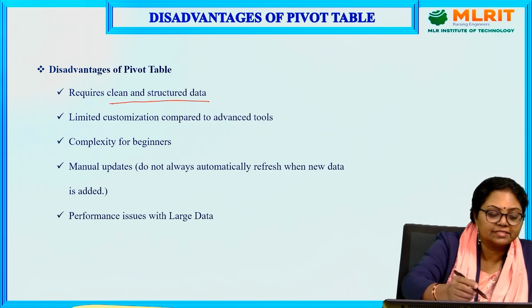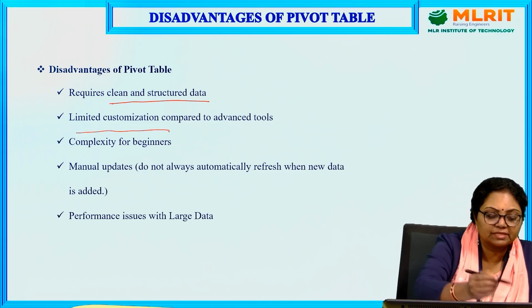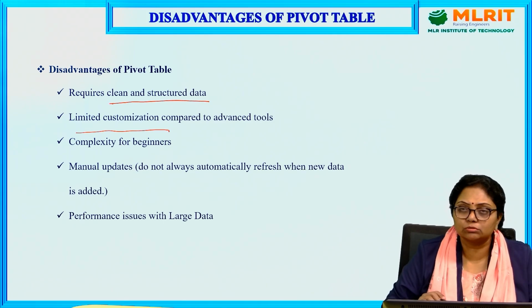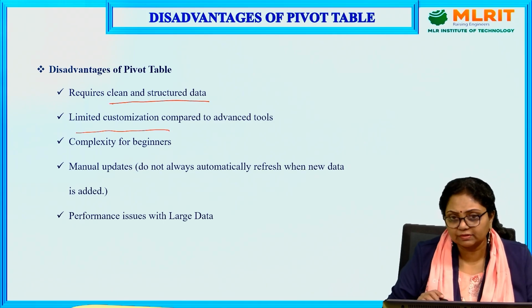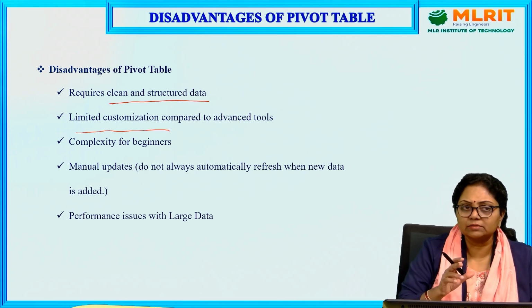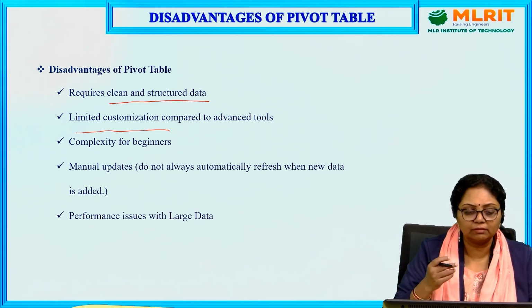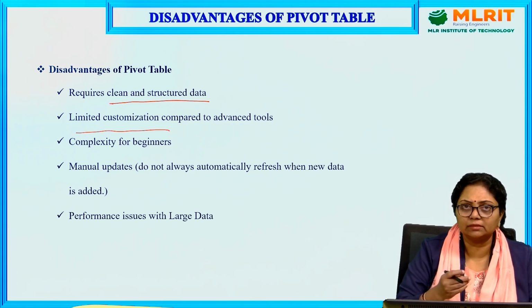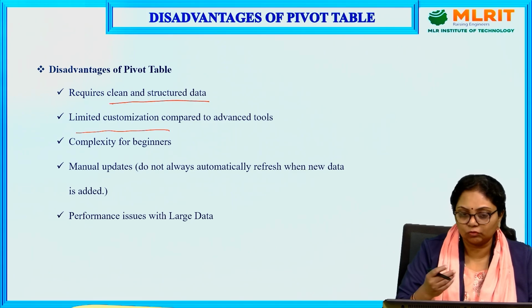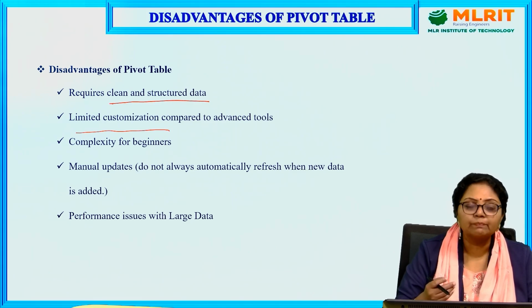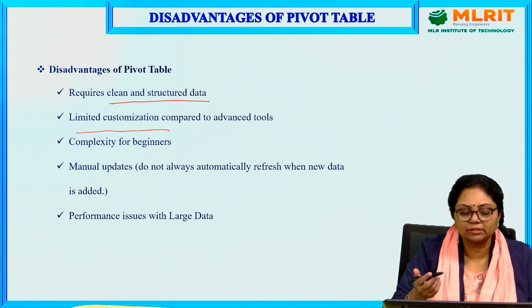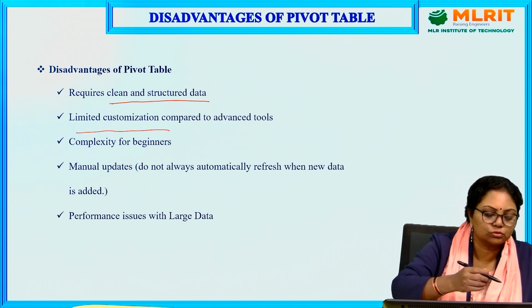The second disadvantage is limited customization compared to advanced tools. There are certain advanced tools which give us the output in the way we want. Though the pivot table gives us what we want for the analysis part, there is still limited customization when compared to advanced tools.